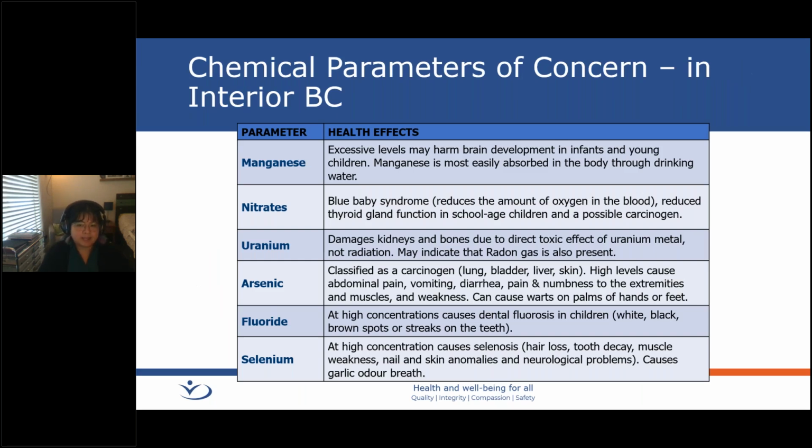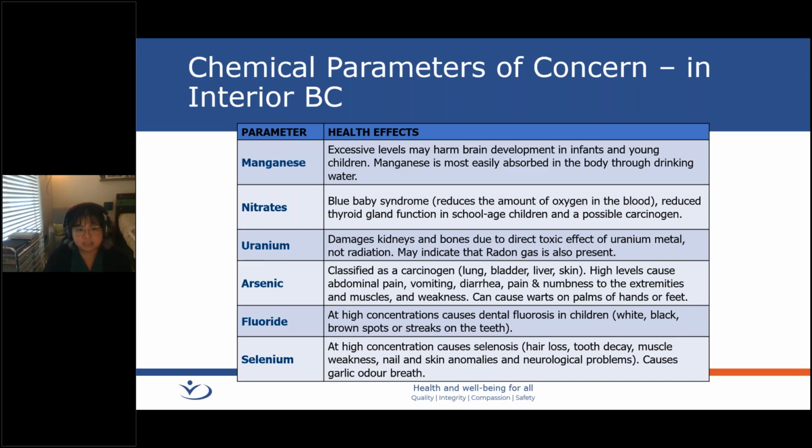And here we have a list of some chemical parameters of concern that are commonly found in interior BC. So first we have the manganese. Manganese in 2019 has a revised aesthetic objective and a new maximum acceptable concentration.